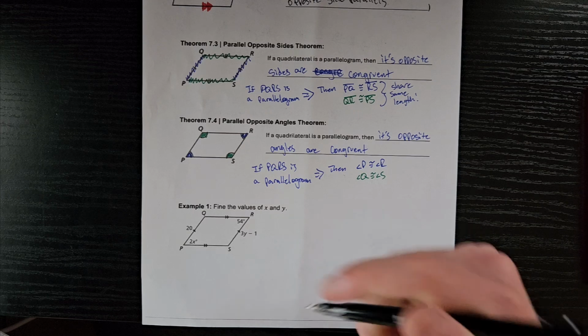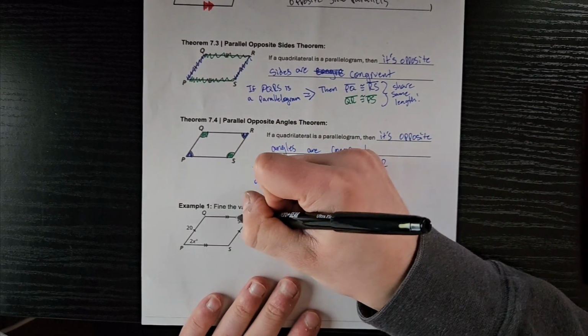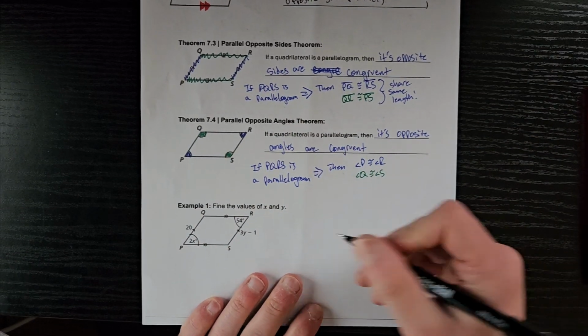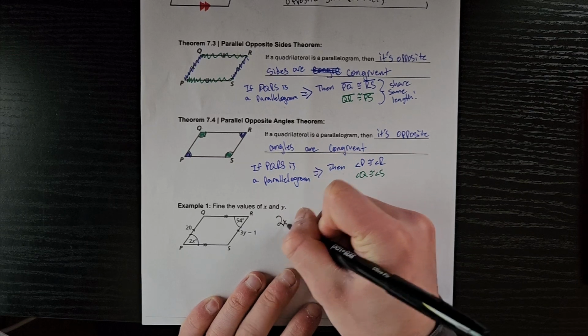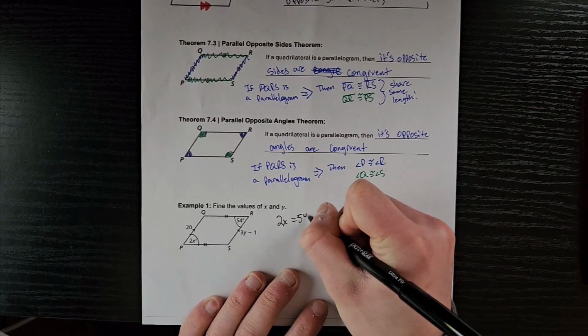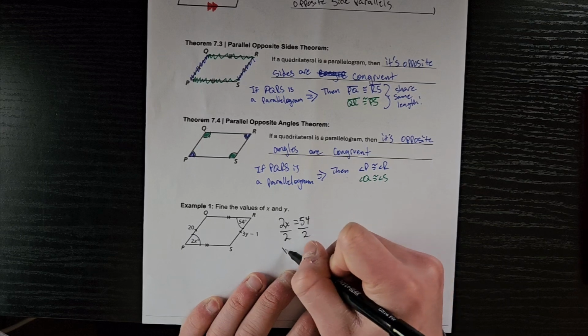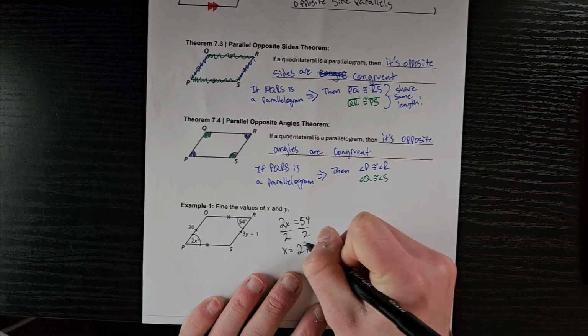We'll do x first. By using 7.4, we know that angle R and angle P are congruent because they're opposite angles. So I can set 2x equal to 54. Then I divide by 2 to get x all by itself, and I end up with x equals 27.